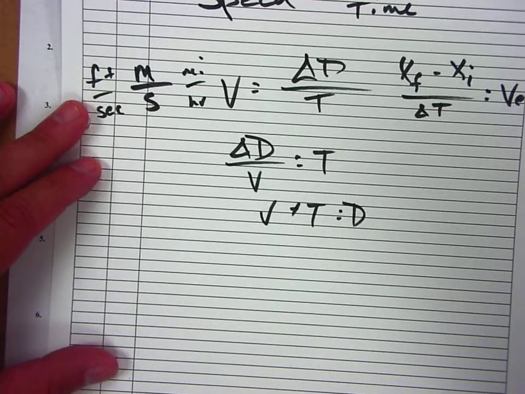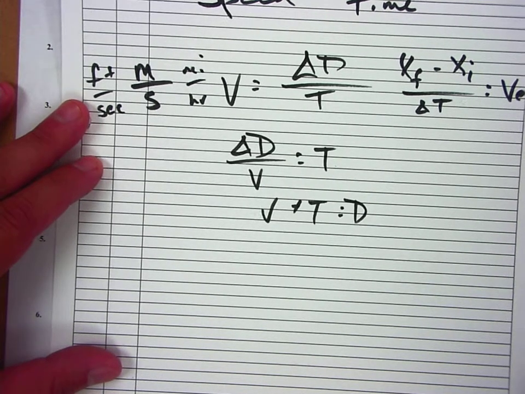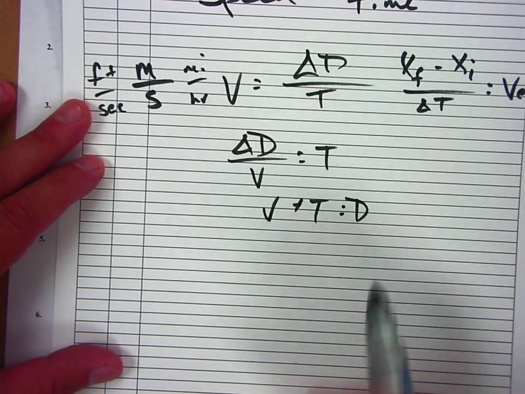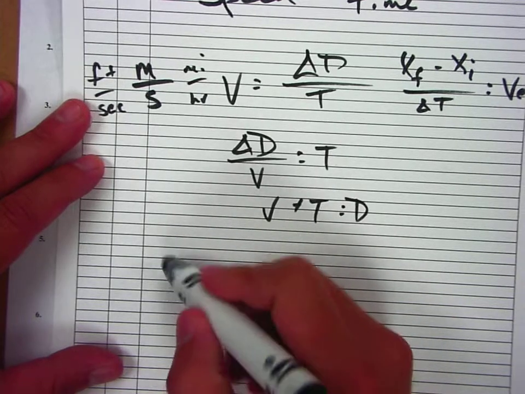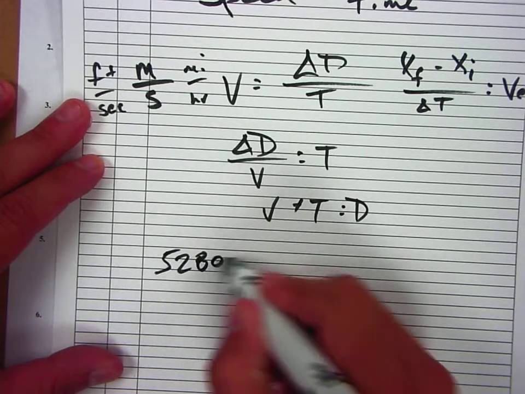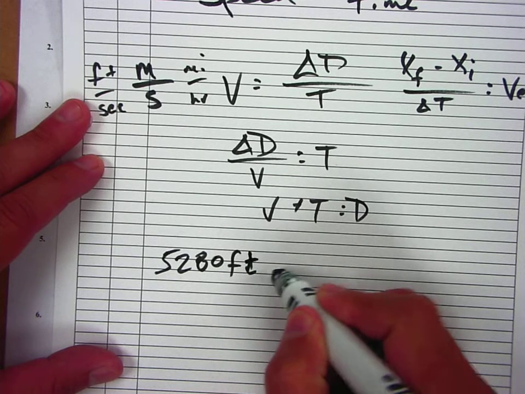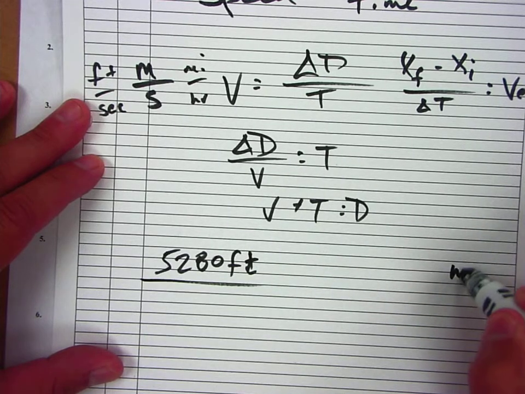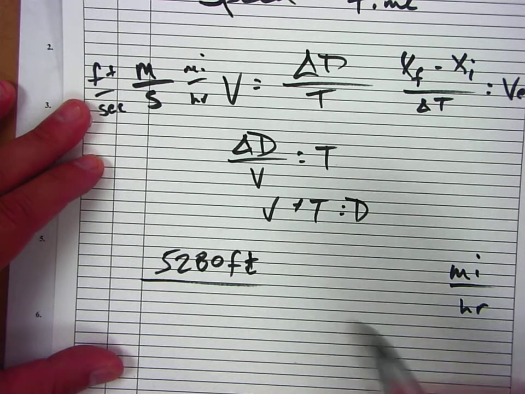Conversions are that choo-choo track method that we talk about frequently of changing over units. So if you were given 5,280 feet, but we know that the problem is asking for miles per hour, we need to get it out of feet, put it into miles.